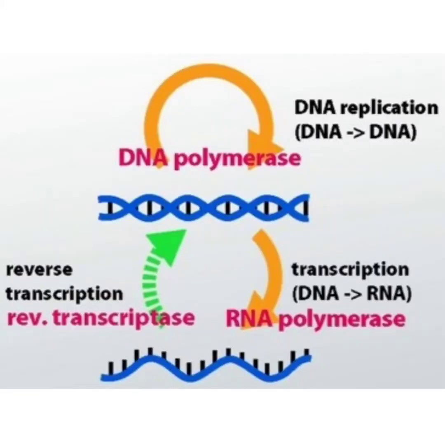Here you can see DNA, by DNA polymerase, undergoes replication to form DNA molecules. When DNA undergoes transcription, it forms the RNA by the enzyme RNA polymerase. When the RNA forms DNA, that is called reverse transcription. The enzyme involved is reverse transcriptase.